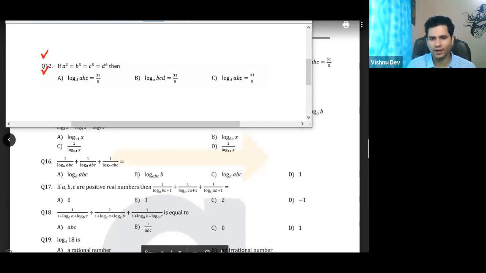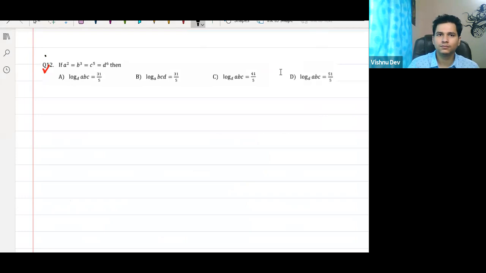If your concept of exponents and radicals is good, you would be able to solve this. If not, then you would be having some issues.